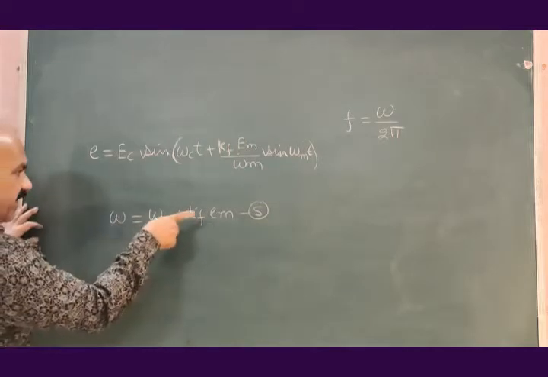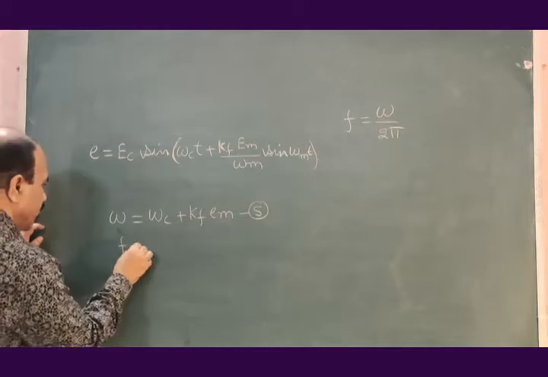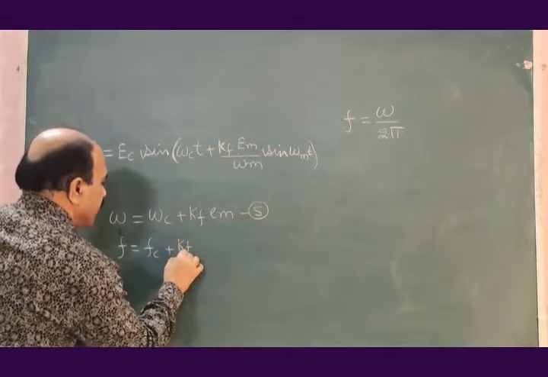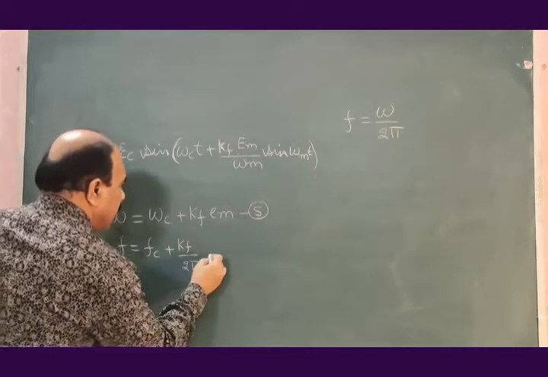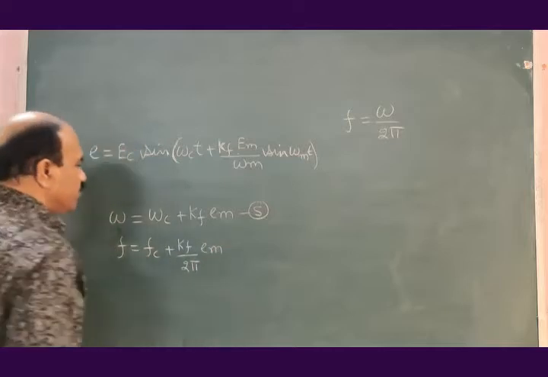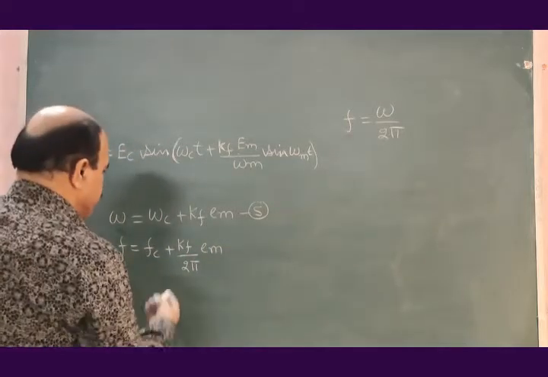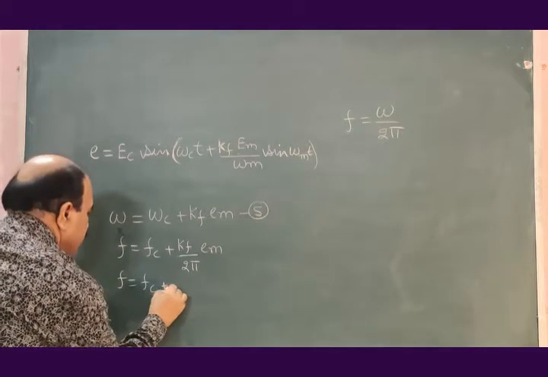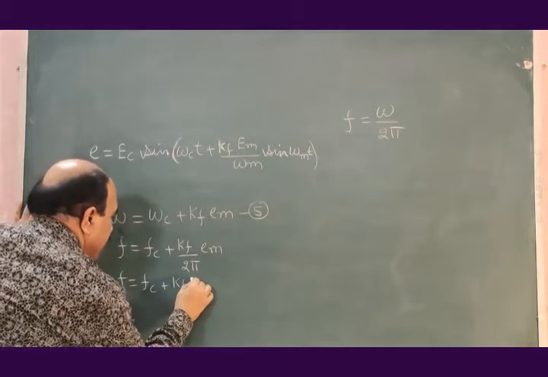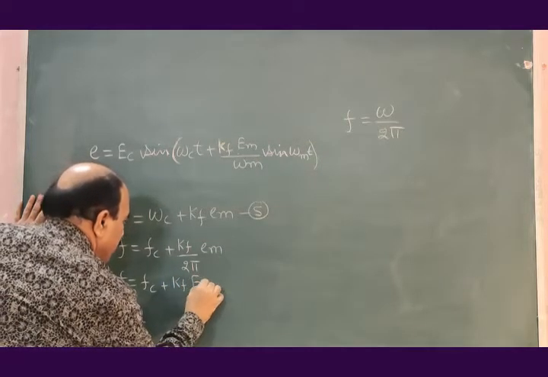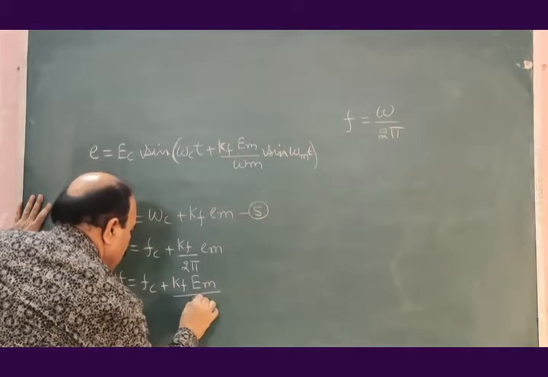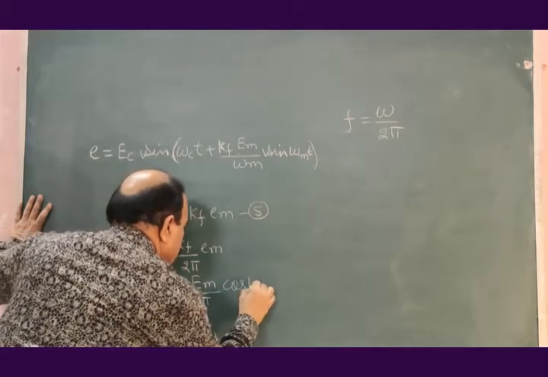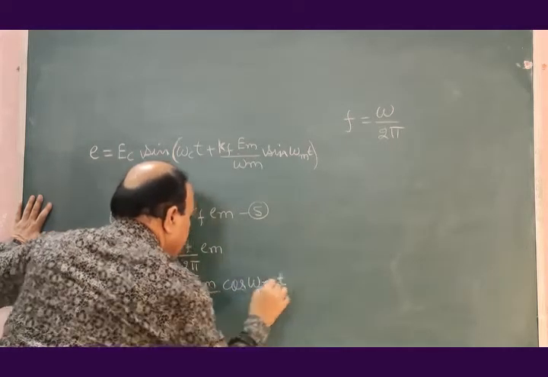So let me write equation 5 as F is equal to Fc plus Kf Em divided by 2 pi, or this may be further written as F is equal to Fc plus Kf into capital Em whole divided by 2 pi into cos omega m t.